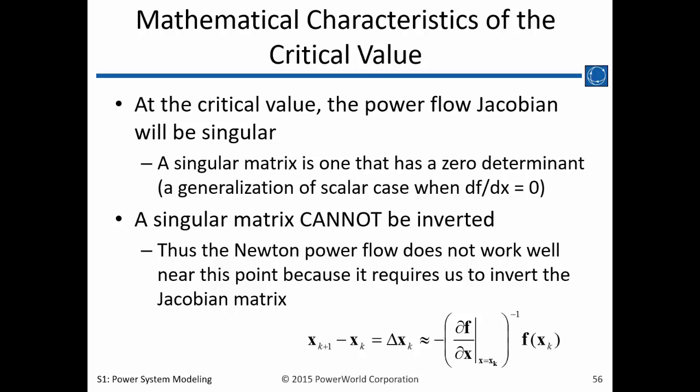A singular matrix is one that has a zero determinant. A generalization of a scalar case is when the derivative is zero. So a singular matrix cannot be inverted, therefore we cannot solve the Newton-Raphson load flow equations because it requires us to invert the Jacobian matrix. So that's why the critical value is a critical point in the load flow process.